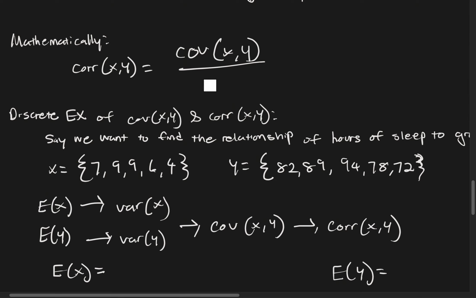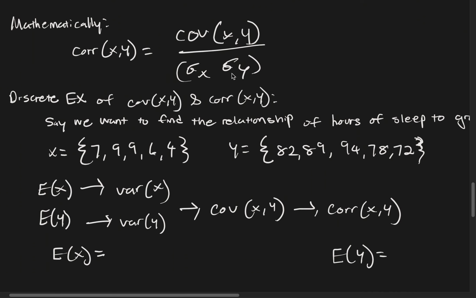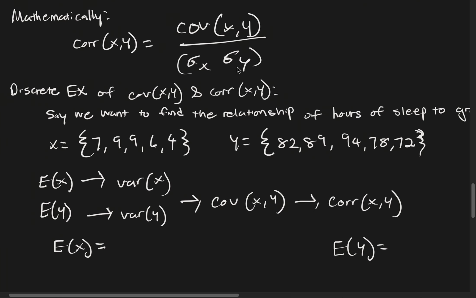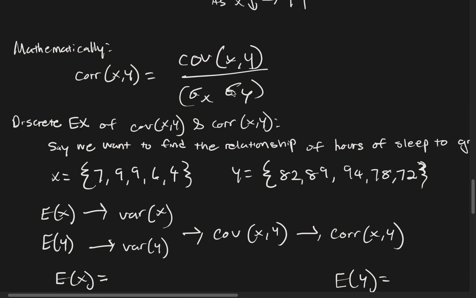I don't know why I keep writing variance. Again, a lot of times when people calculate the correlation by hand, they'll forget to square root it and just use variance, which I kind of did right now.